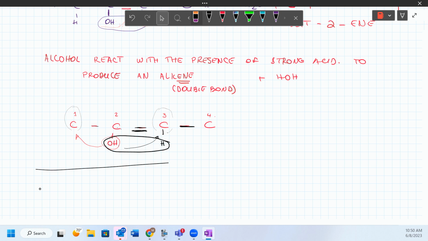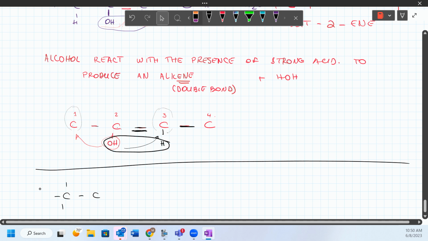So if we have something like this, C, C, and then H, H, H, and then here we have Br, reacting with a strong base.